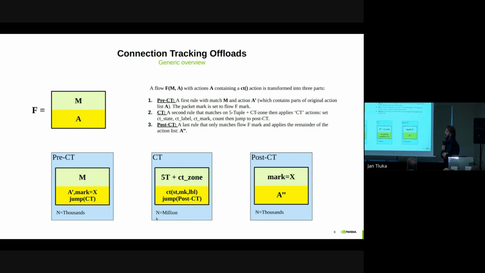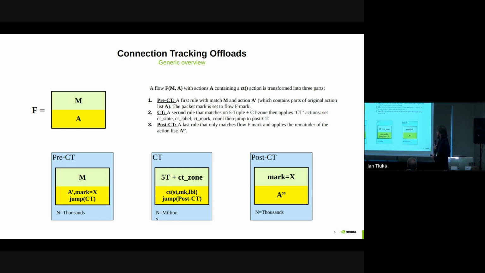That ID identifies from which megaflow we started, and then we jump to the CT context. In the CT context, we have only a 6-tuple match, so five-tuple for CT and then CT zone. We write down some metadata. On top of that, if it was CT NAT, then there are NAT actions.